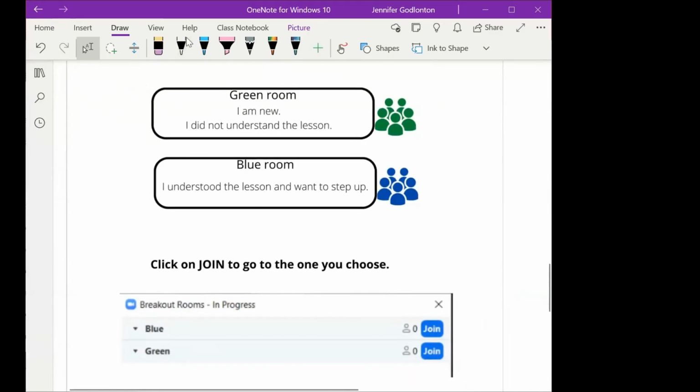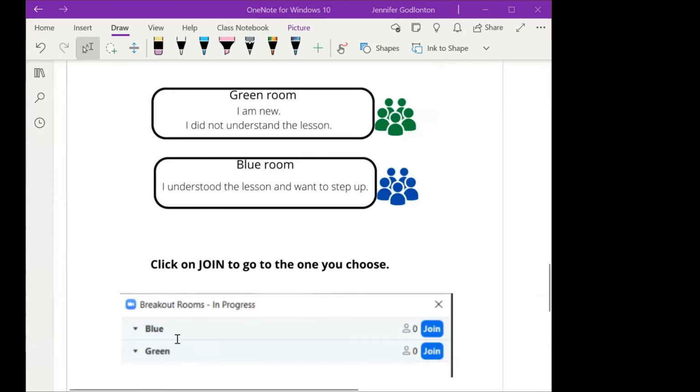So don't stress, there's nothing stressful about it. You just choose which one you want. So we've got blue and we have got green. Okay, so you should have an option.